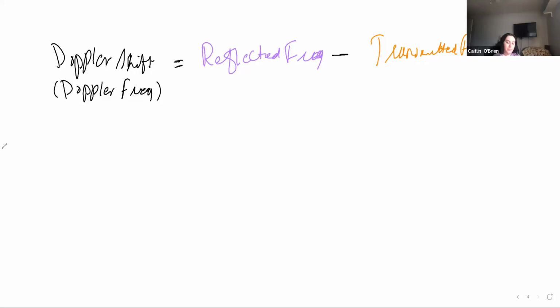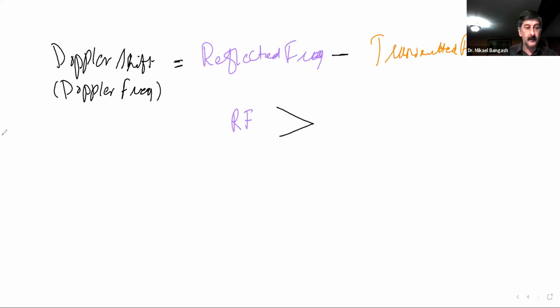Now, what we can say is that if your reflected frequency is greater than the transmitted frequency, or the transducer's frequency, this will cause what we call a positive Doppler shift or a positive Doppler frequency. And what did we mean by the positive Doppler frequency?